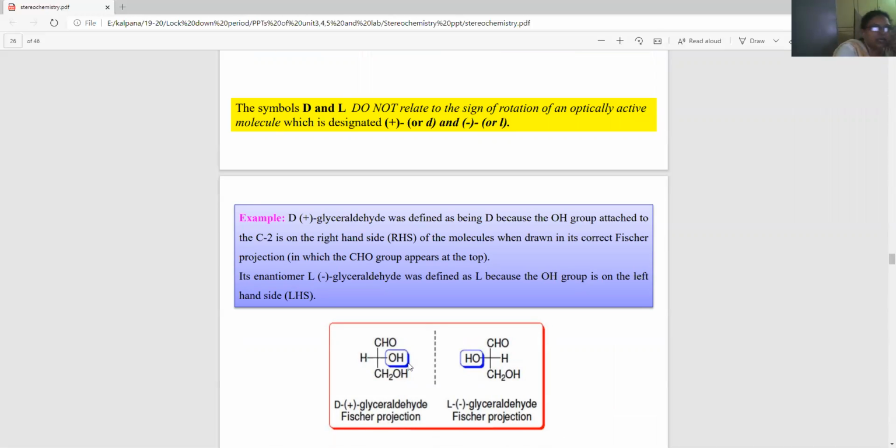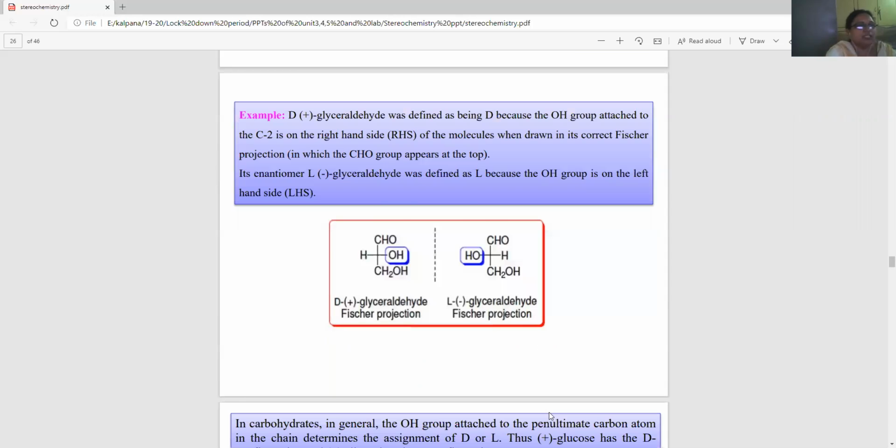In its enantiomer, L-glyceraldehyde was defined as L because the OH group is on the left hand side. So if the OH group is on the left hand side, it is L. If it is on the right hand side, then it is denoted as capital D. So glyceraldehyde was the first example.